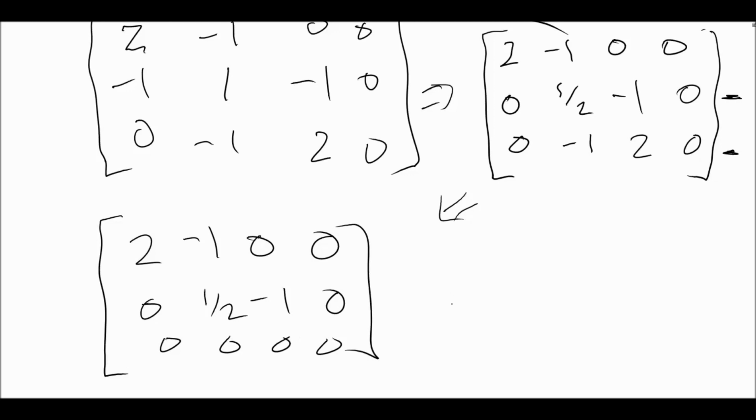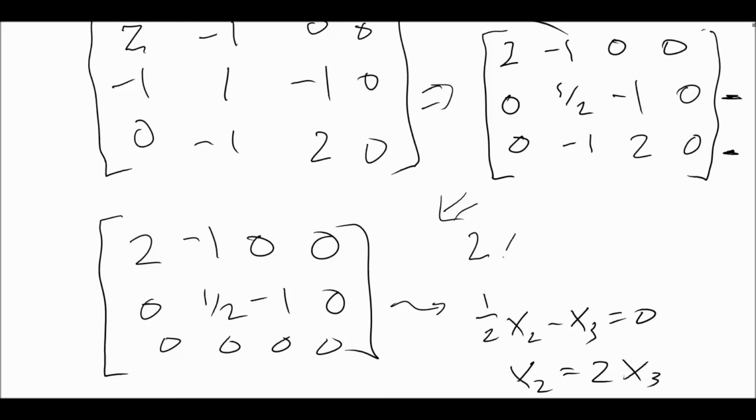From that equation we get 1/2 of x2 minus x3 is equal to 0, or x2 is equal to 2 times x3. From equation 1, we know that 2 times x1 minus x2 is equal to 0, or x1 is equal to 1/2 of x2.